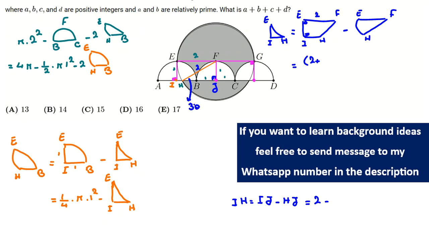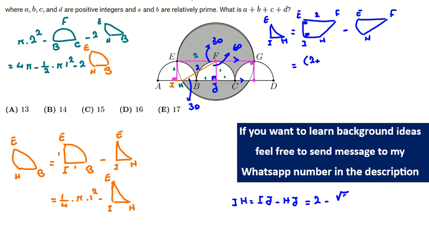If in a triangle the opposite side is half of the hypotenuse, this angle is 30. Because this angle is 30 and this line is parallel to this line, this angle is 30. Okay? So this angle is what? 60. You can use the Pythagorean theorem, or you can use the fact that if this is 60, the opposite side is root 3 over 2 times the hypotenuse.